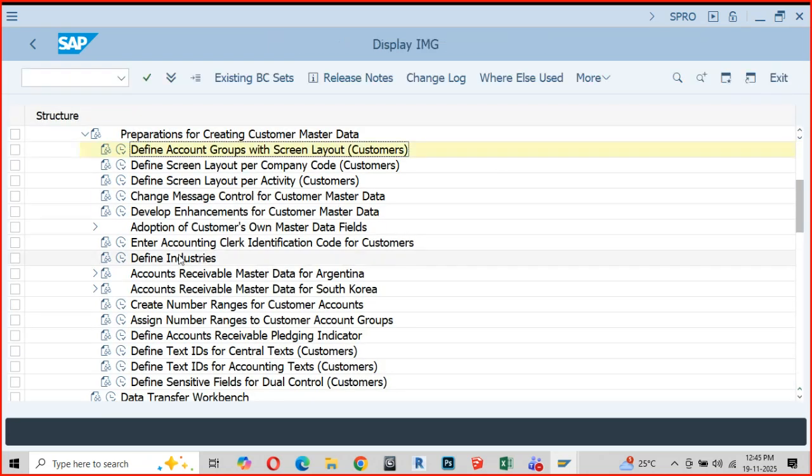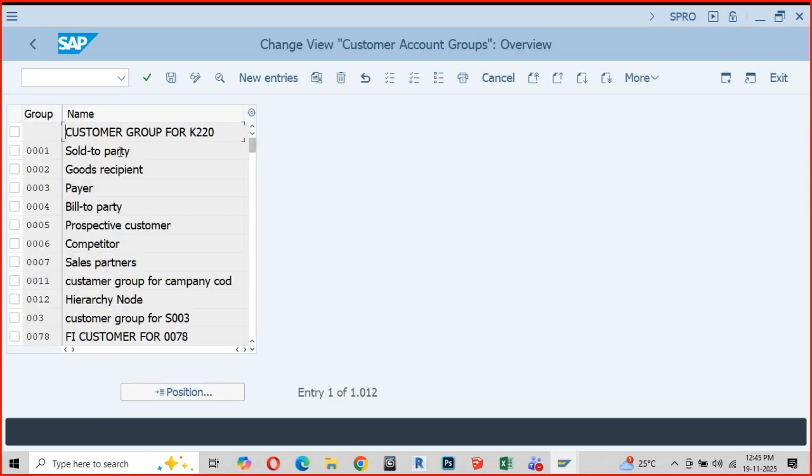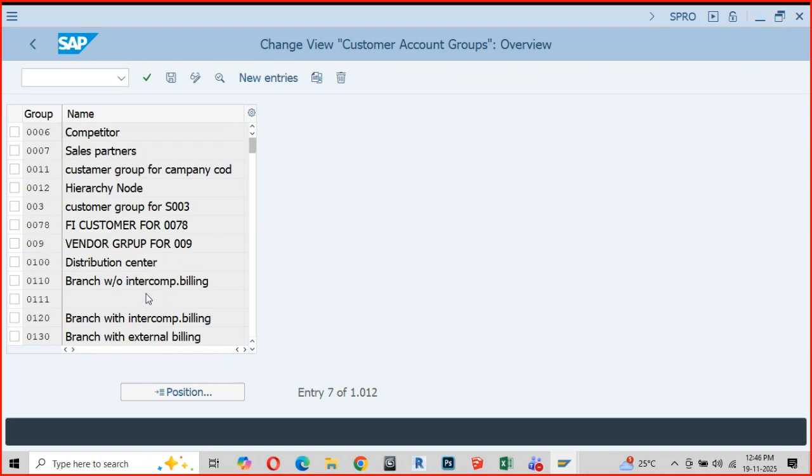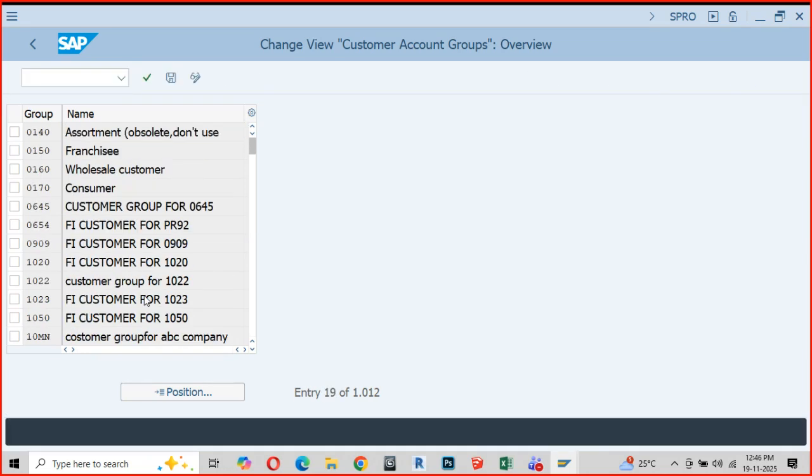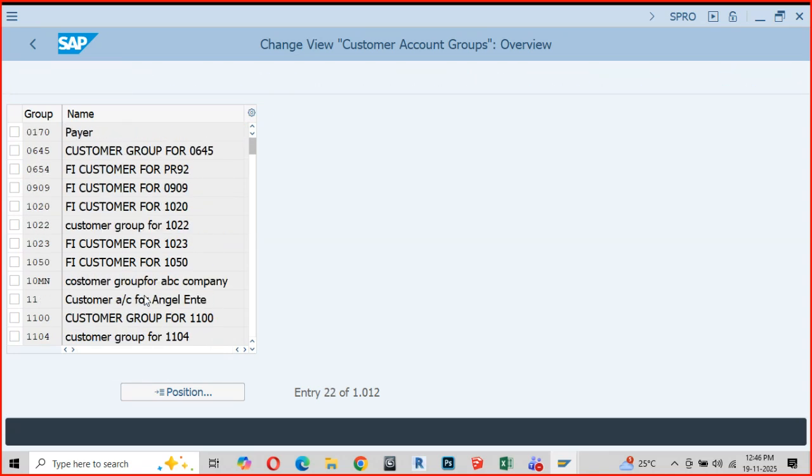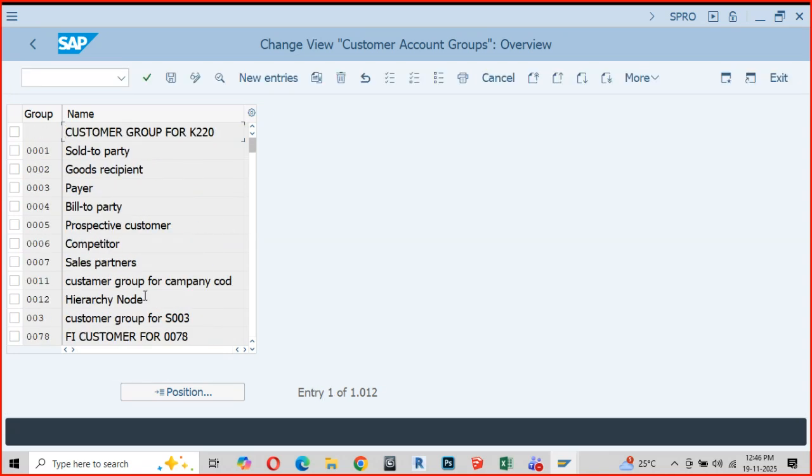Now, I just wanted to show you something important. We are trying to create the account groups for customers. Now, what is the sold-to party, bill-to party? You also have the ship-to party. Now, suppose Geo raises an order for some item and I supply.